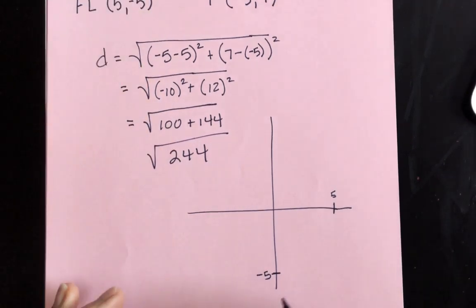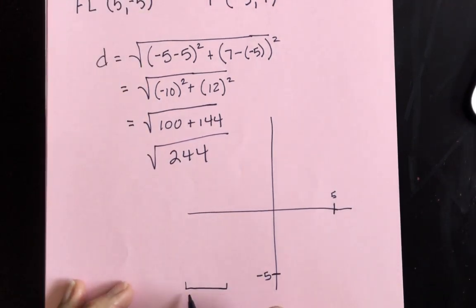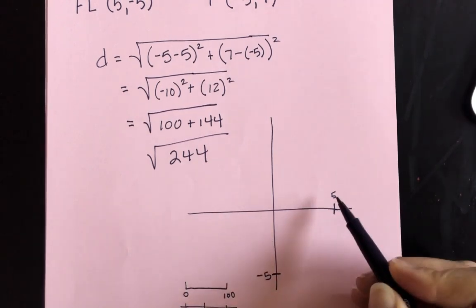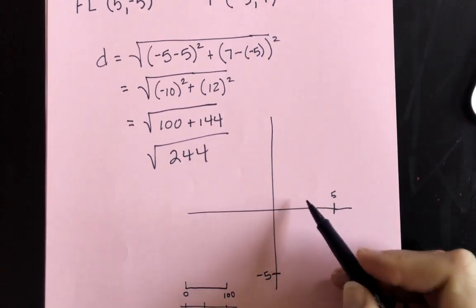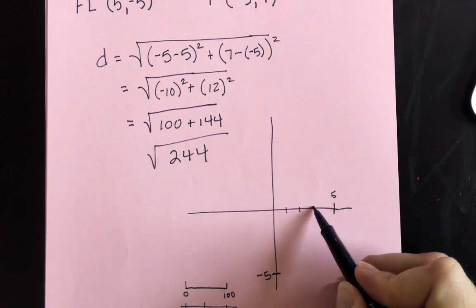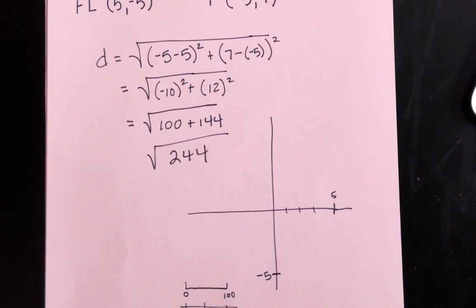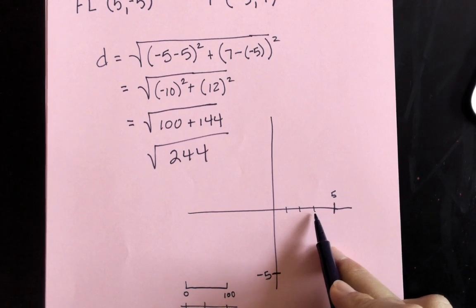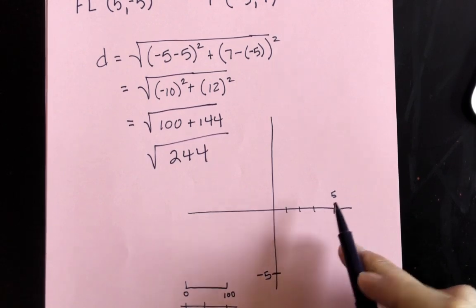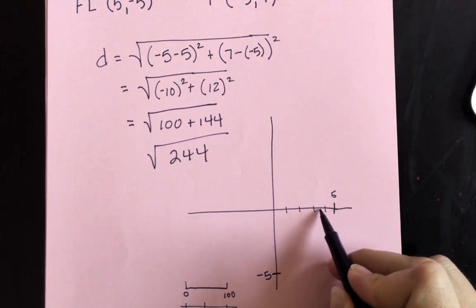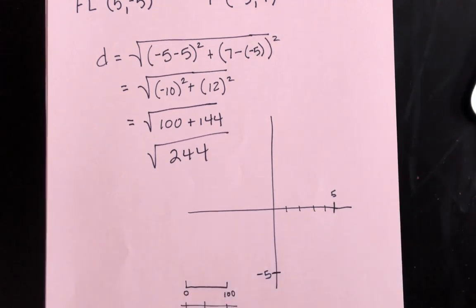But it does tell us in the key that 0 to 100 miles is actually 3 parts of our grid. So over here, 1, 2, 3 would actually be 100 miles. And then you end up with another part of that 100 miles.